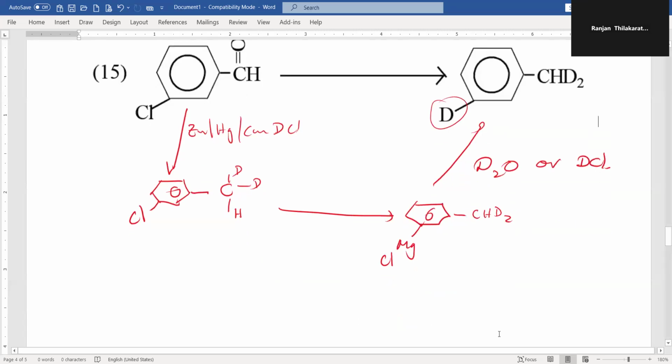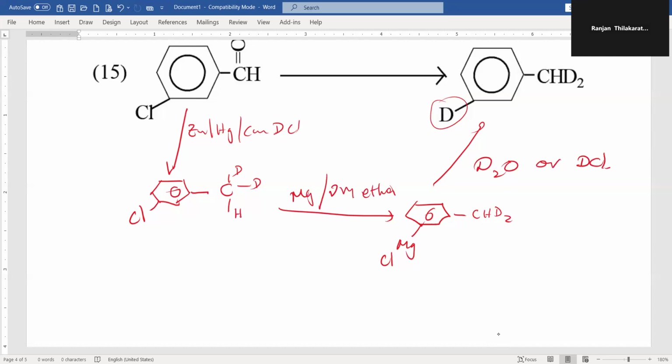And remember, this is the addition of Mg in dry ether. Straight away you can write down first step and second step.